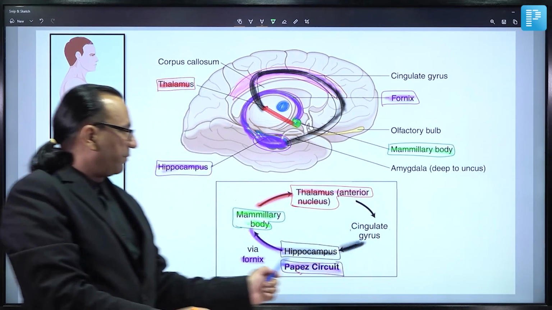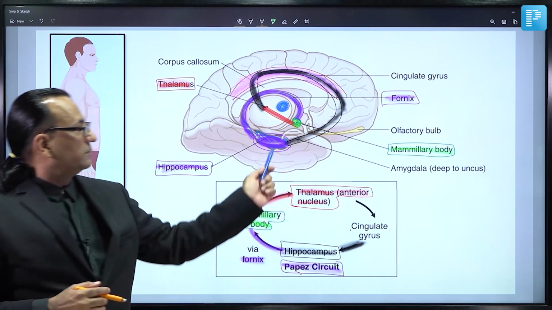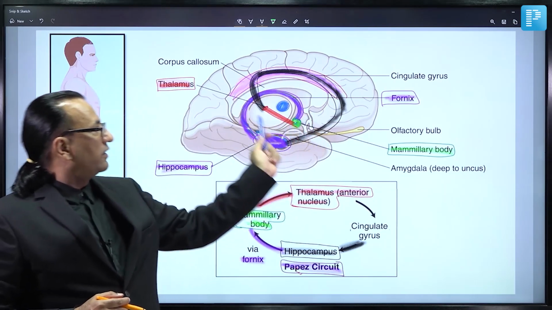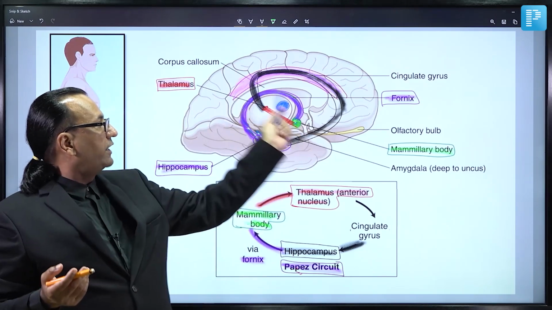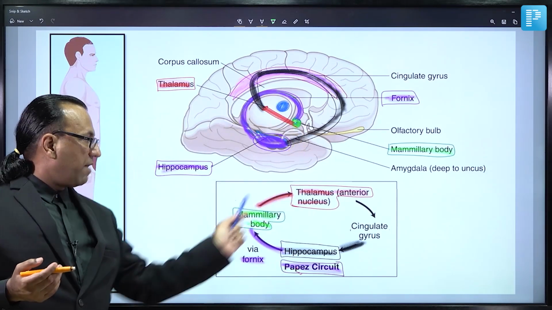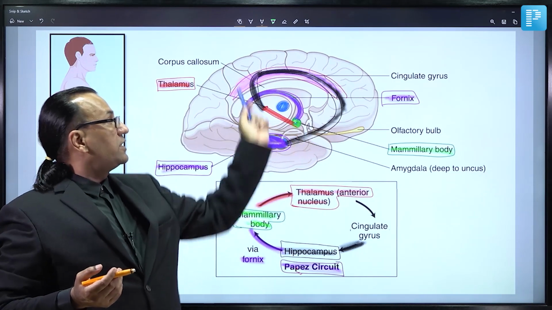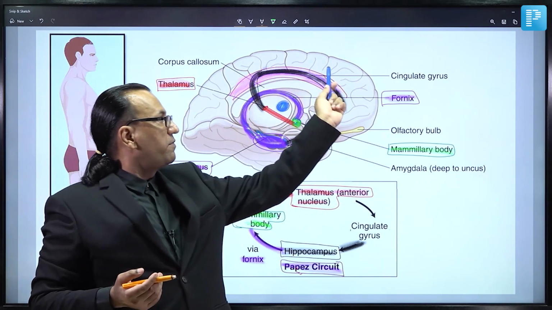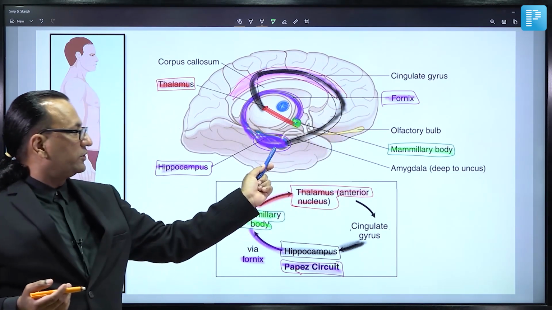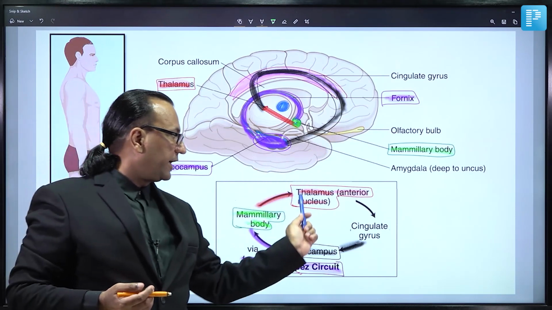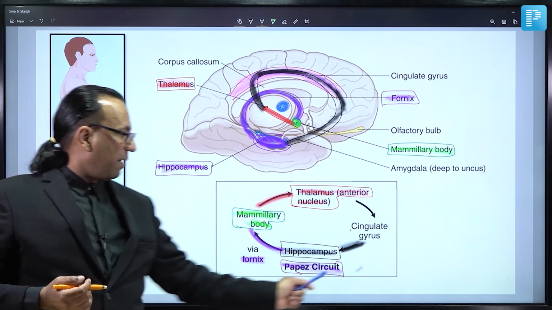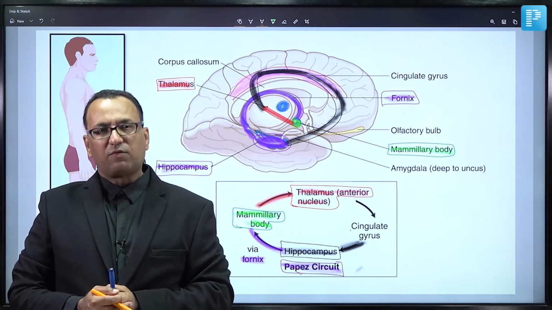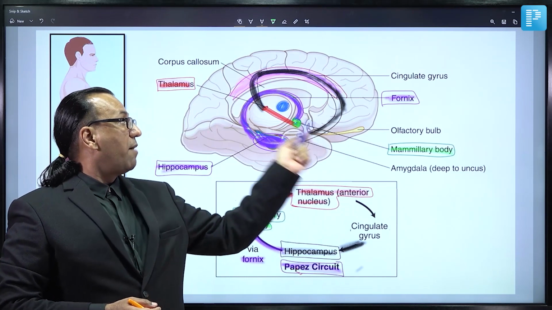So here it is a simplified diagram, but in fact, it is one turn and another turn here. So what do we start with? The hippocampus, and then the fornix reaching the mammillary body, and then the mammillothalamic tract, and then reaching the cingulate gyrus, which then sends the information back towards the hippocampus. So anterior nucleus of thalamus sending it to the cingulate gyrus, reaching back to the hippocampus. The Papez circuit. The arrow mark was actually at the mammillary body.